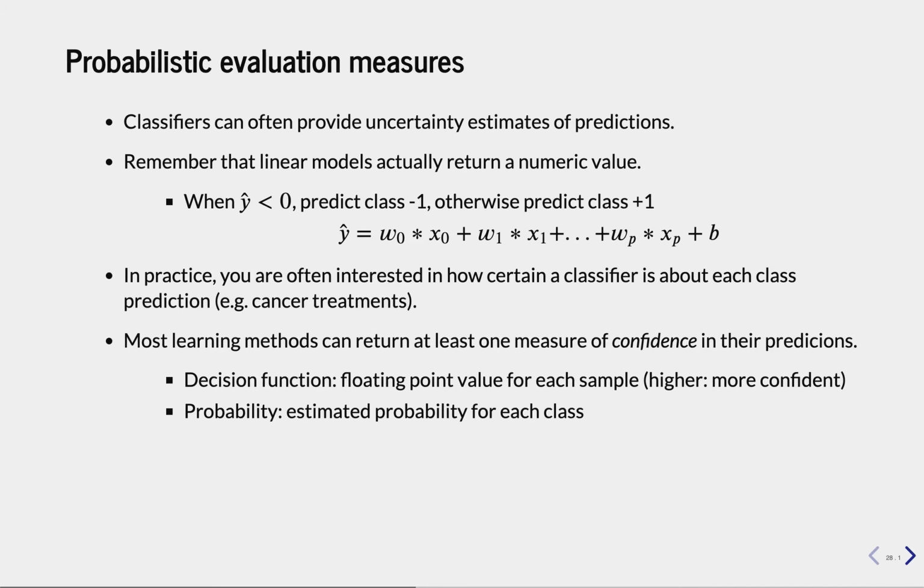Okay, so these are the simplest ones. Now we can look at measures that are probabilistic. Because as you remember, in a linear model class, for instance, when we build a classifier or a regressor, we actually get a function back.